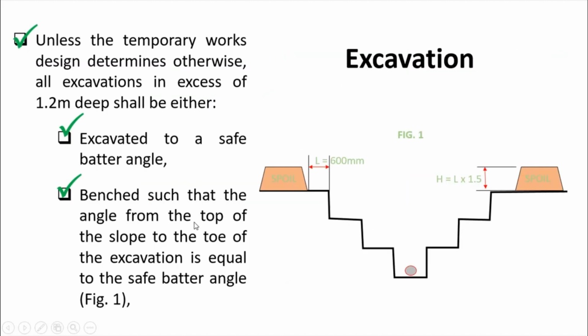Benched such that the angle from the top of the slope to the toe of the excavation is equal to the safe batter angle. Like for example, the height of each step is 2, and the horizontal line on this excavation sketch is 0.6. So the safe batter angle, by rule of thumb, is 1:2 in ratio, no?